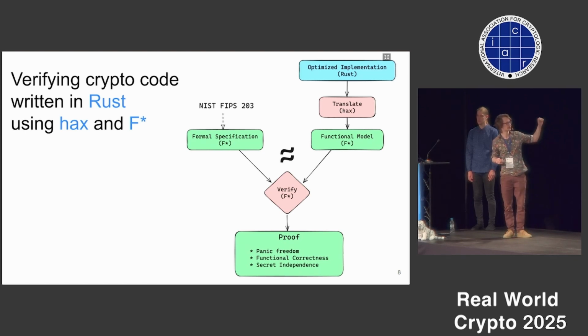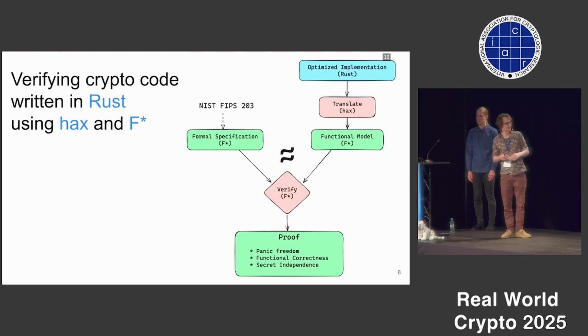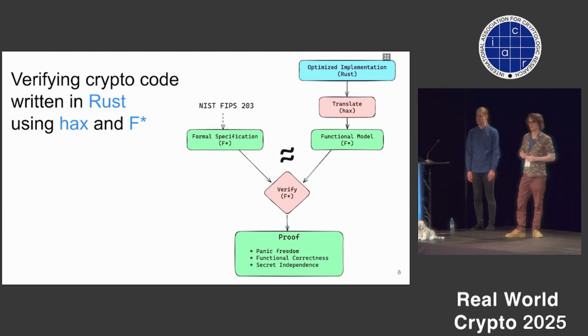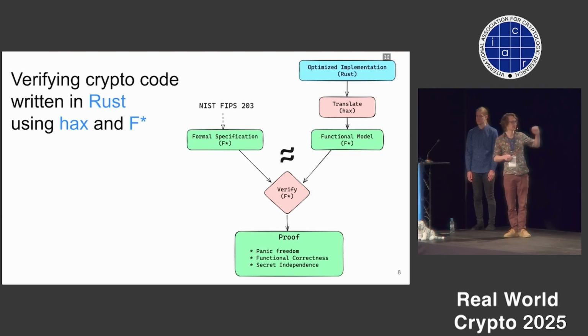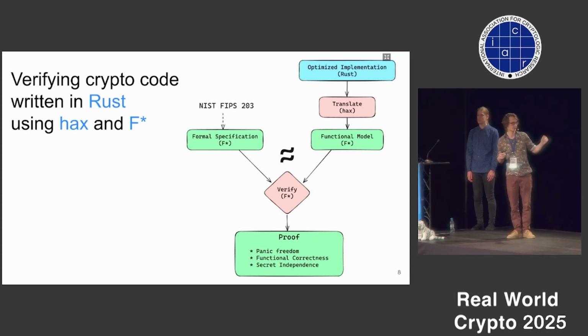First, on the left, we start with the NIST specification and write an F* specification, a formal specification, which is small, mathematical, and easy to review with respect to the textual specification. On the right-hand side, we start from our Rust optimized implementation and use hax, our toolchain, to get a functional model in F*. And so now we have those 2 parts in F*, and we can conduct a proof of equivalence between them.